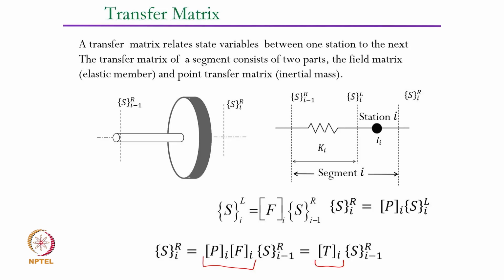Make sure that you use them in the same sequence, point matrix followed by the field matrix. Their product is going to give you a matrix called the transfer matrix. Therefore, these methods are called the transfer matrix method.